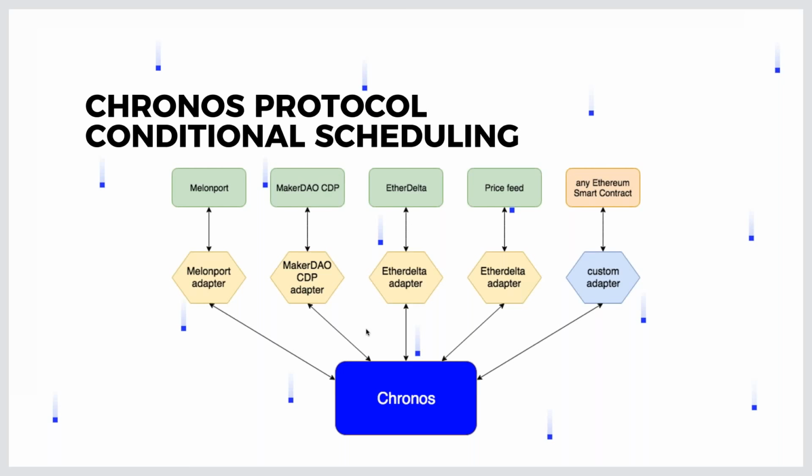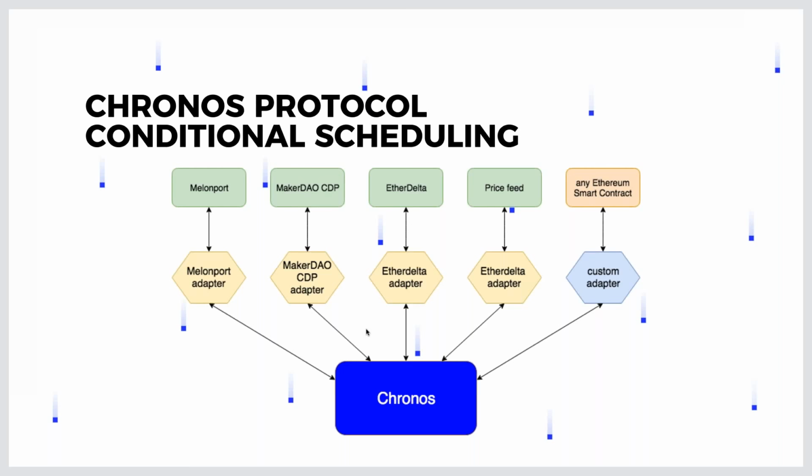Because we are busy developing Chronos, we are definitely not able to write all possible adapters for all possible smart contracts. So we're definitely going to develop some sort of interface. We are also thinking about making this an ERC interface more globally for Ethereum.